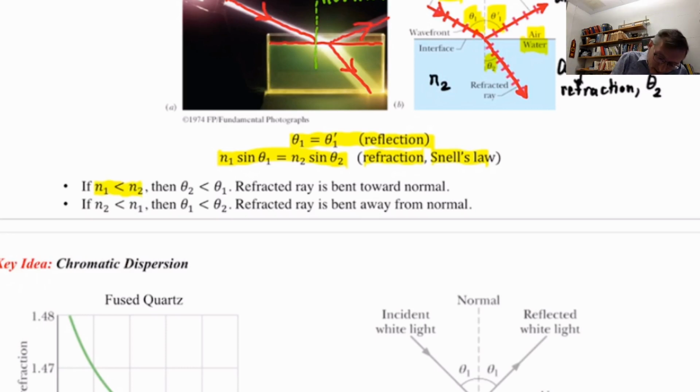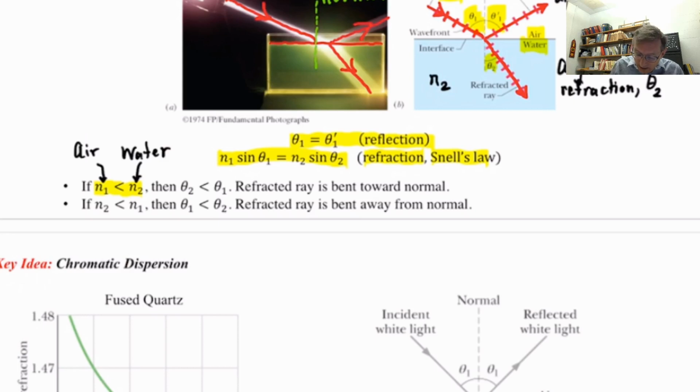So if the medium of incidence is air and the medium of refraction is water, then N1 would be the index of refraction of air, and N2 would be the index of refraction of water, and the index of refraction of air is less than the index of refraction of water. Okay? What does the law of refraction tell us when N1 is less than N2?